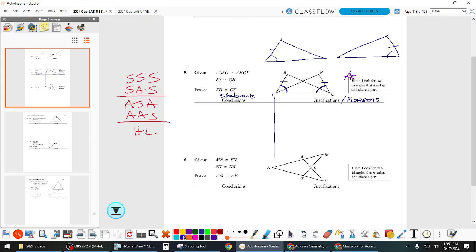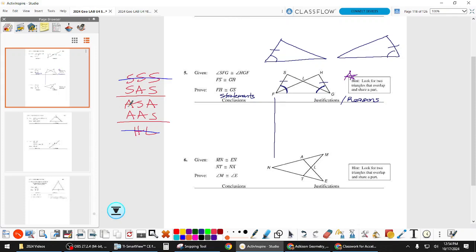So, are we going to use HL? No, because I'm not told there's a 90, not shown, and there's no reason to assume. Okay? I have one side length. Will I be able to get two more? Well, I can get one other one, but there's no way to get two. Okay?